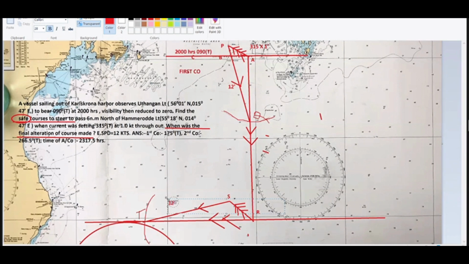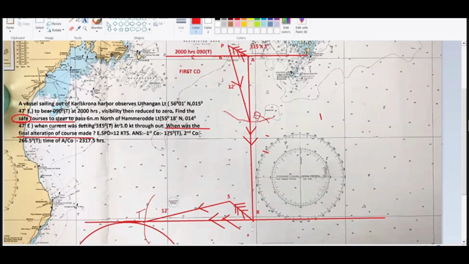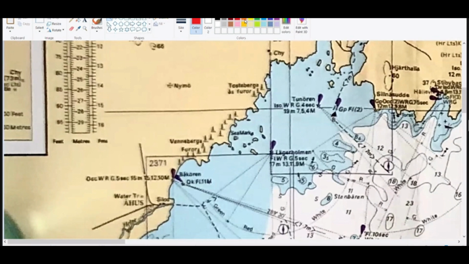Now they are asking safe courses. Remember, this is my first course. Now the second one, the second course made good is the 270 down below, at the point R. Or you can apply at any other point also, and I want the course to steer. All answers will be the same.